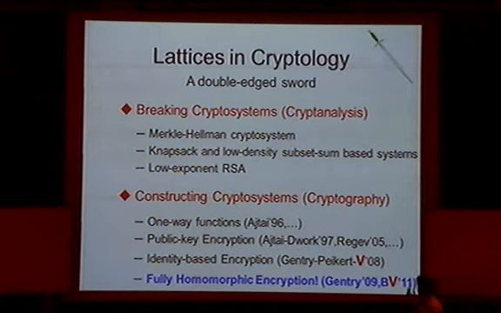Public-key encryption, the first scheme was due to Ajtai's work, and Regev, and a whole bunch of works along these lines. Identity-based encryption, and more recently, even fully homomorphic encryption. Fully homomorphic encryption is really the holy grail of cryptography. It's an encryption scheme that allows you to compute functions inside the encrypted data.